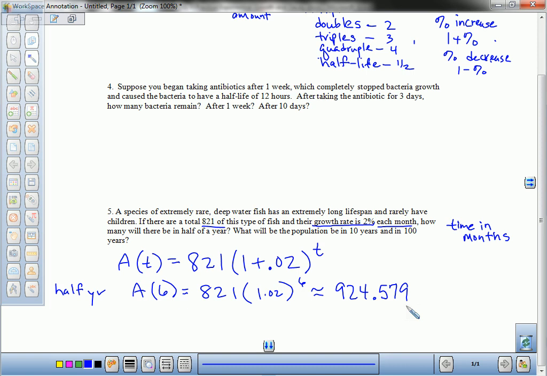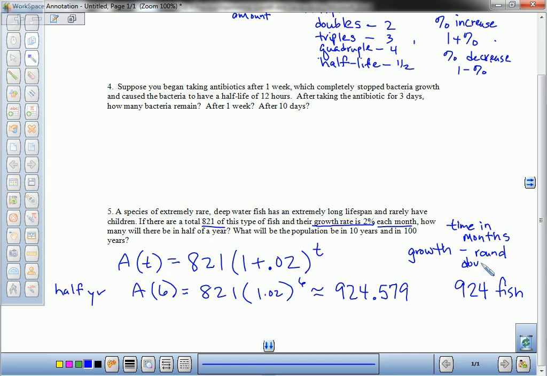This is a discrete variable. Because it's growing, we're going to round that down. When we have growth, we round down. So the answer would be 924 fish.